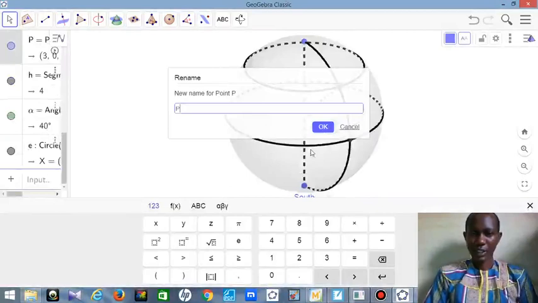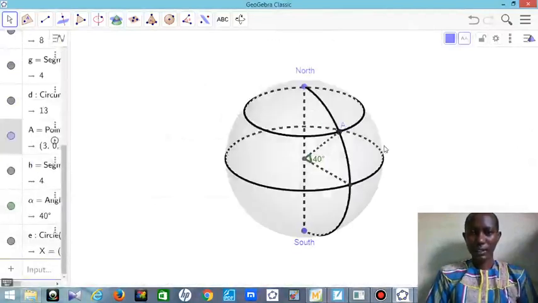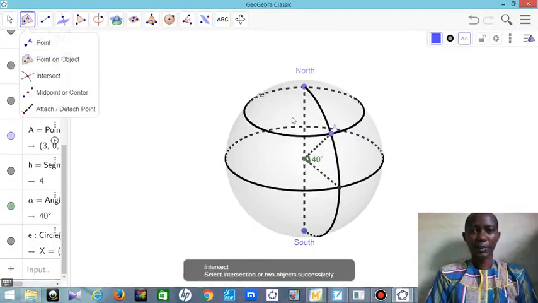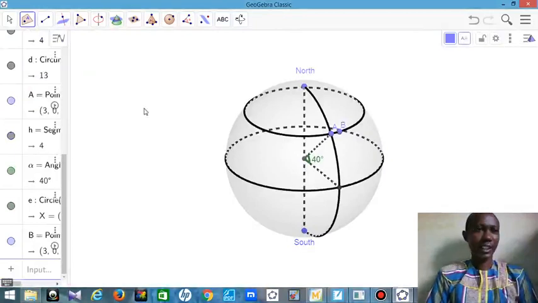Let me change this name. Then now it's at 40 degrees north. Then P will now go from here, moving to 38 degrees east.